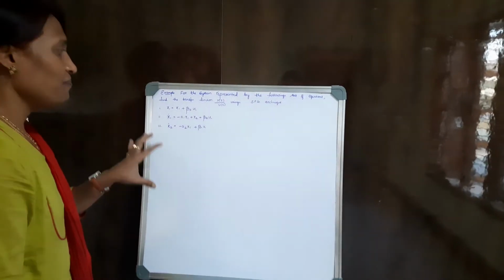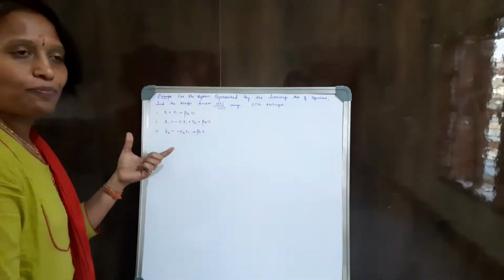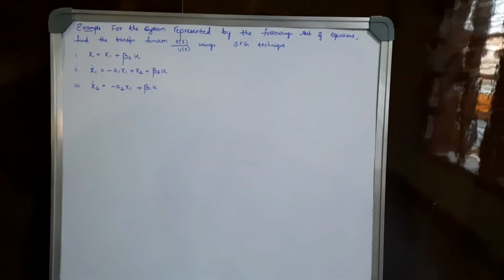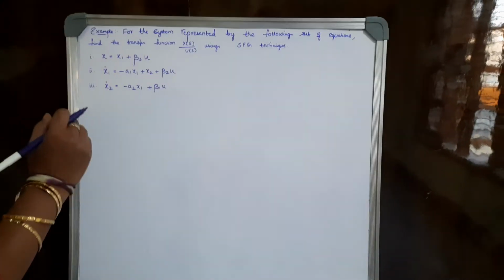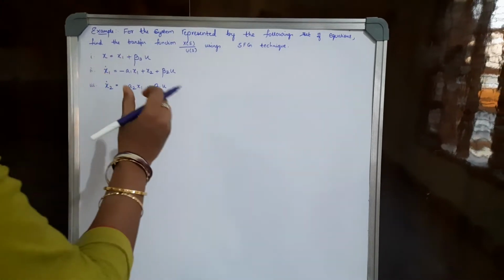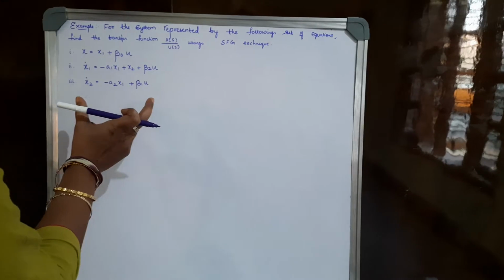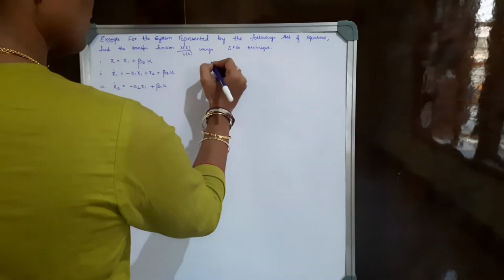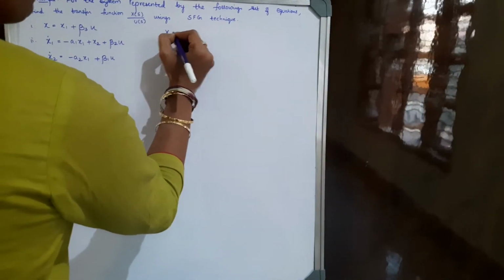So, for this, the procedure to find the signal flow graph is that the above set of differential equations are first converted into algebraic equations by taking the Laplace transform.